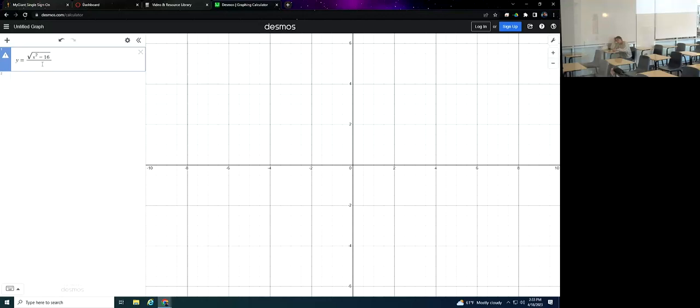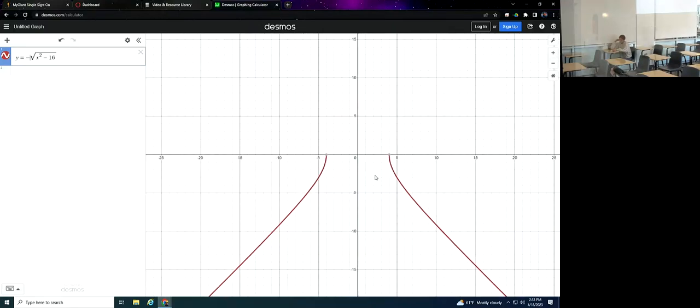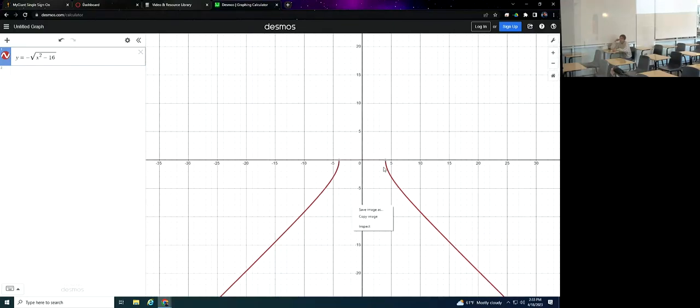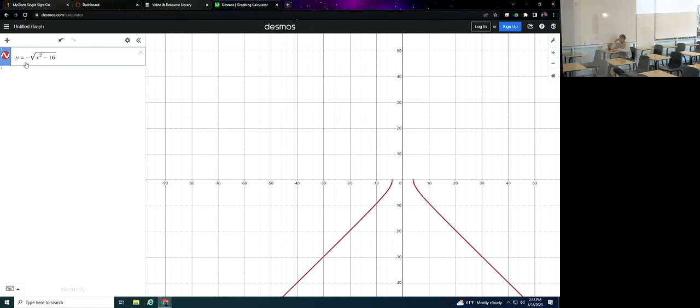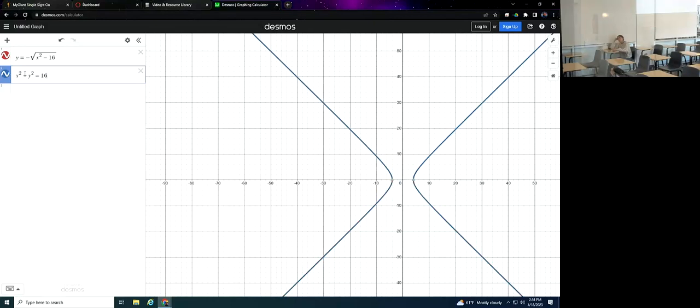Why is it making a fraction? And it had a negative. And we had the restriction that x was greater than or equal to 4, which gets rid of this left side. The full hyperbola is that.